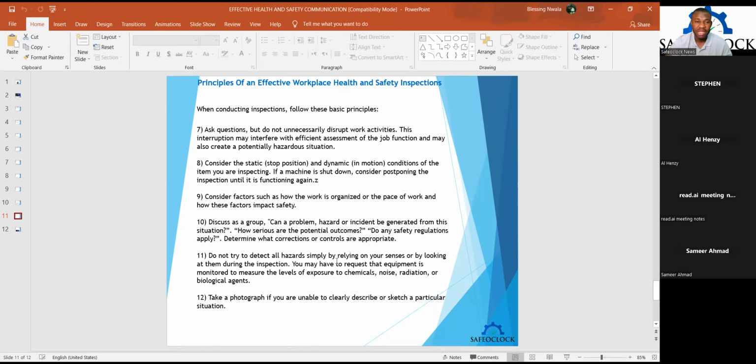The last but not the least is that you should not detect all hazards by relying on your own senses alone. You should always read manuals. You should always use monitoring equipment. For example, if an activity involving noise is ongoing, don't just come there and say, this activity is too noisy, and stop it.